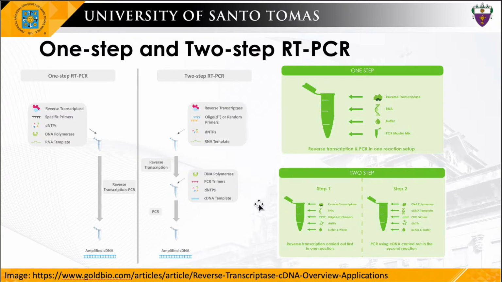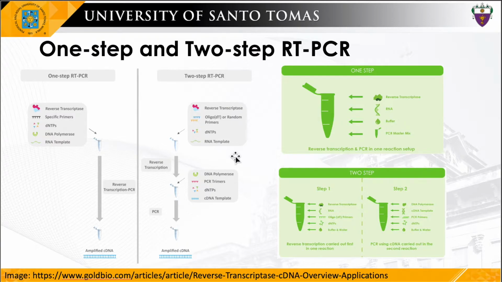In two-step PCR, the reverse transcription reaction occurs separately from the PCR reaction. That's why it's called two-step PCR. In this assay, the reverse transcription and PCR steps are performed in separate tubes, as shown in the figure, with different optimized buffers, reaction conditions, and priming strategies.